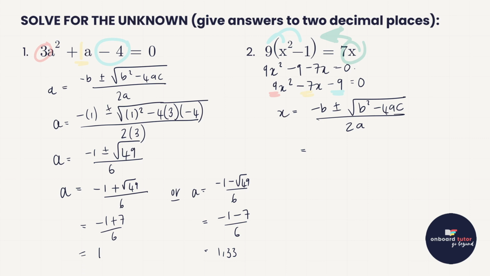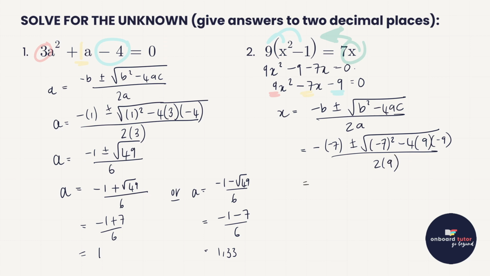And now we can substitute. So minus, the b value is minus 7, plus or minus the square root of b squared minus 4ac, all divided by 2 times a.